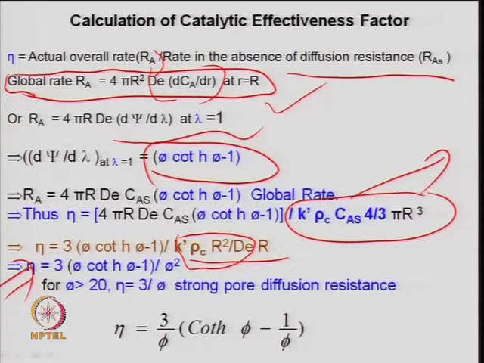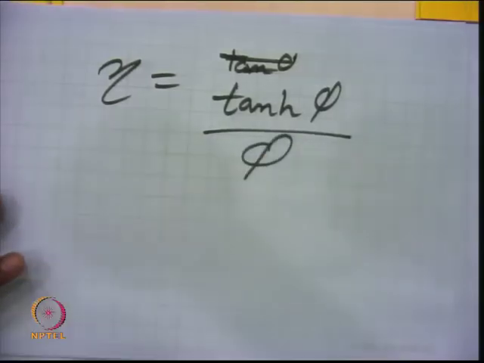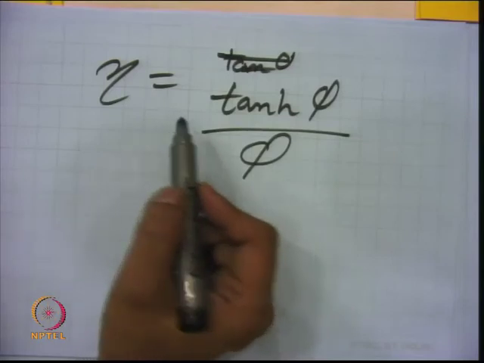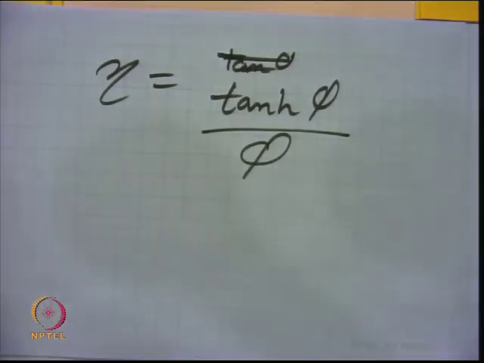So, one can simplify the expression now for strong diffusion resistance. You have seen two cases: for a cylindrical pellet or pore, η is tanh φ divided by φ, right. So, how will you interpret this, because η is your effectiveness factor, which is in terms of the resistance dominating in the pore of a pellet, and that can be defined based on η or φ, right.